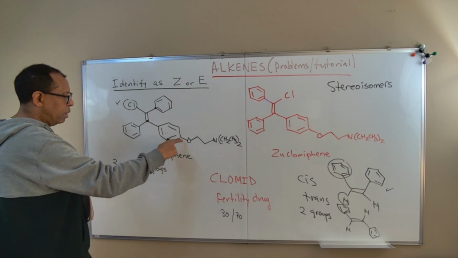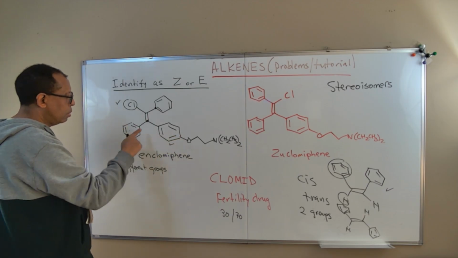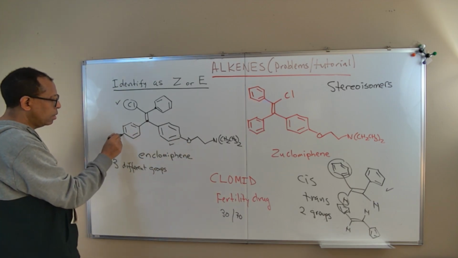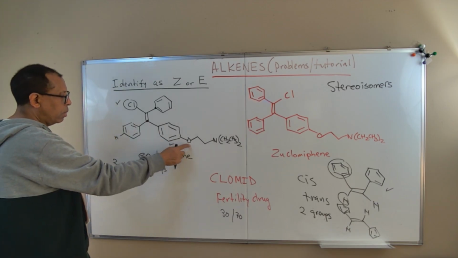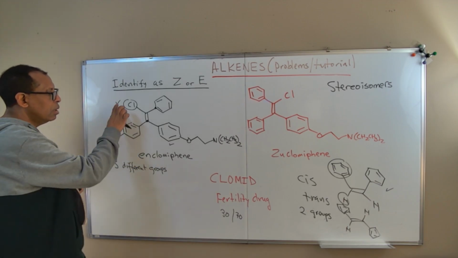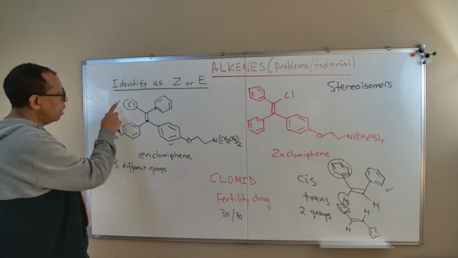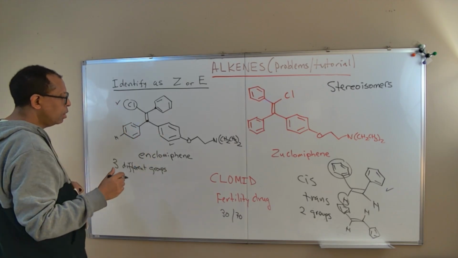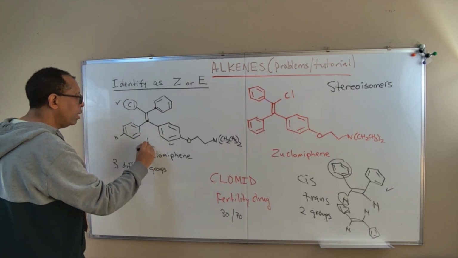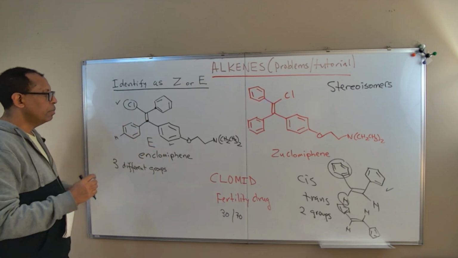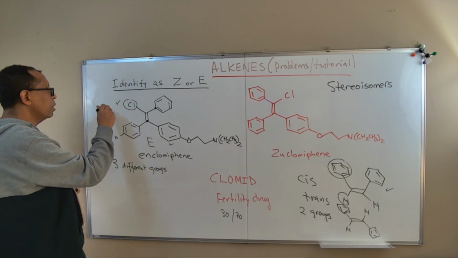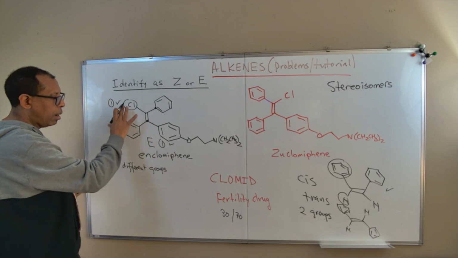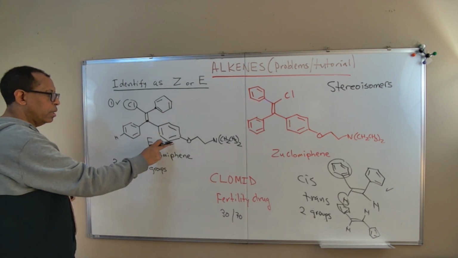Here, this phenyl is a substituted phenyl which has oxygen. If you just look at here, this is hydrogen, but this one has oxygen. So these two priorities are in opposite directions across the double bond. So this is called an E isomer because the two priorities, this is priority 1, this is priority 1, are opposite to the double bond.